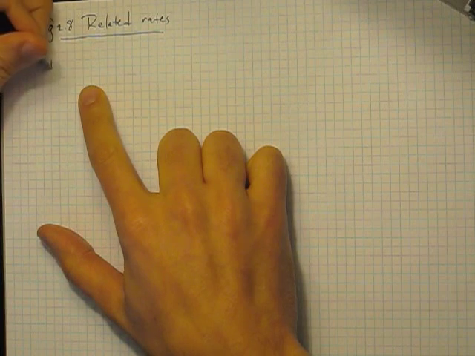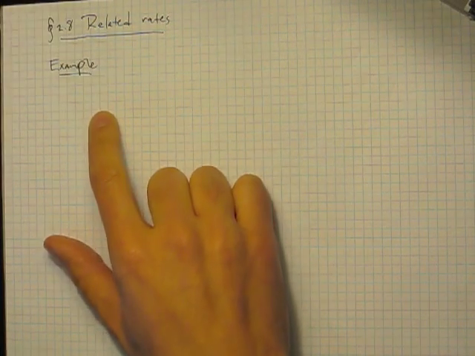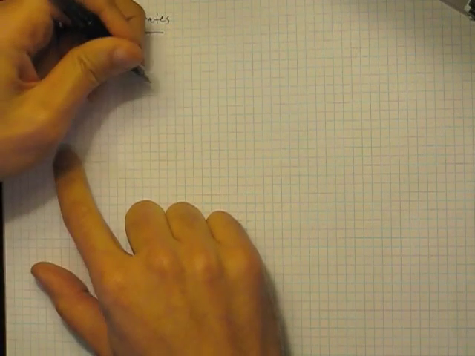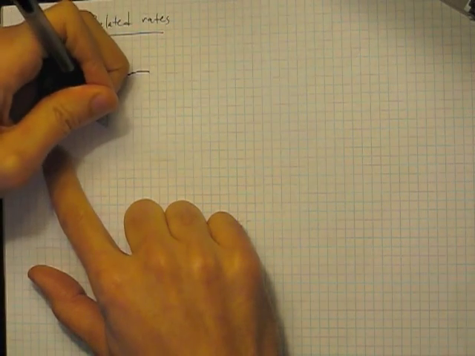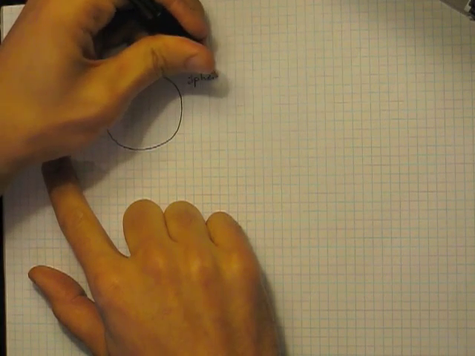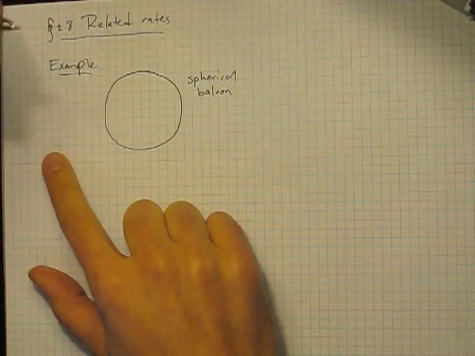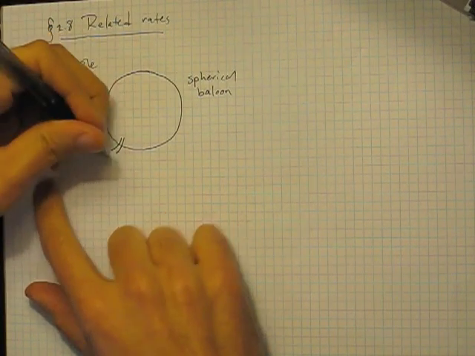I want to start off with the first example, where I want you to just imagine a balloon in the shape of a sphere. This is a spherical balloon, and it is being inflated with air.